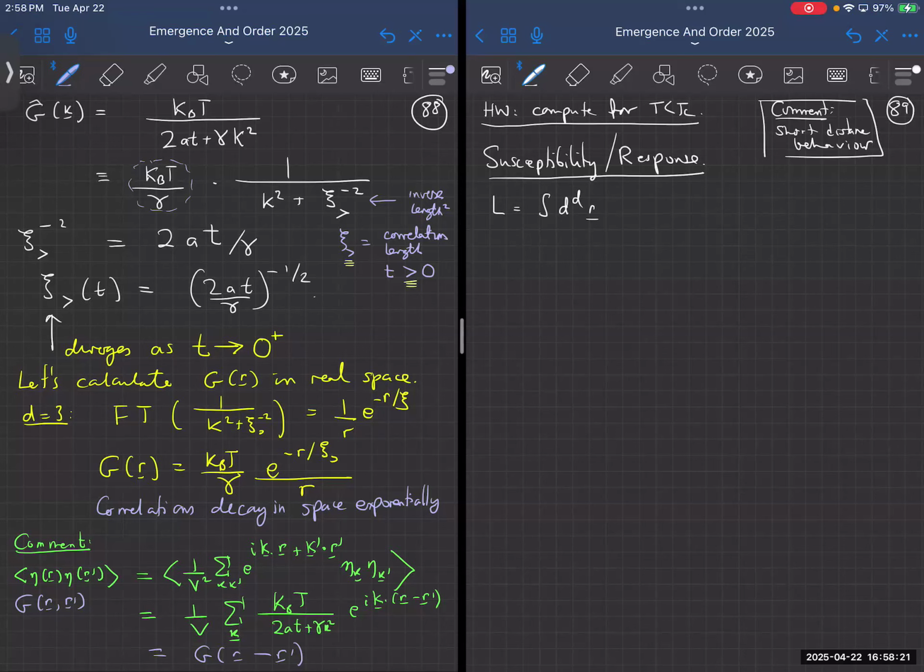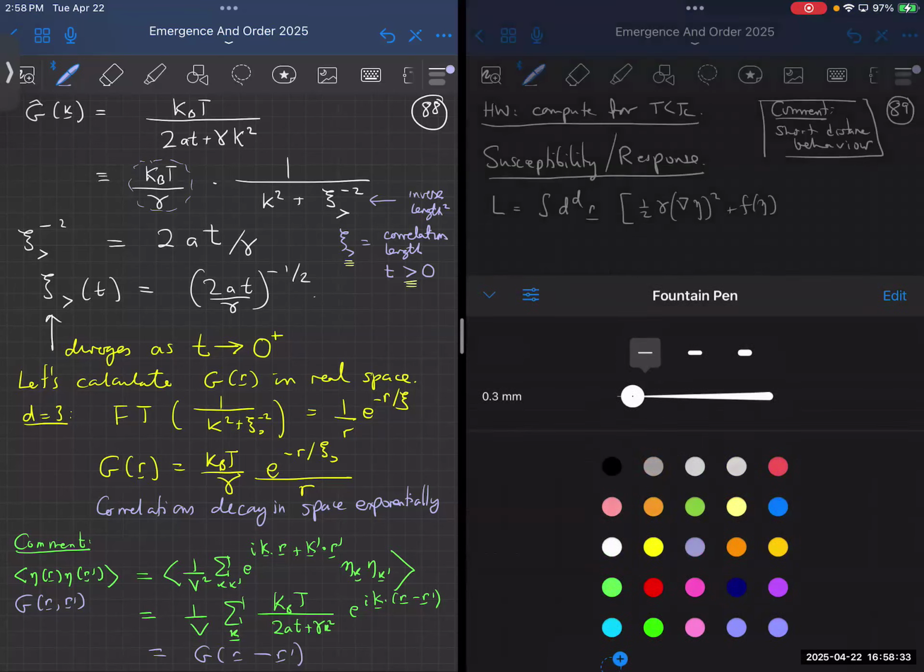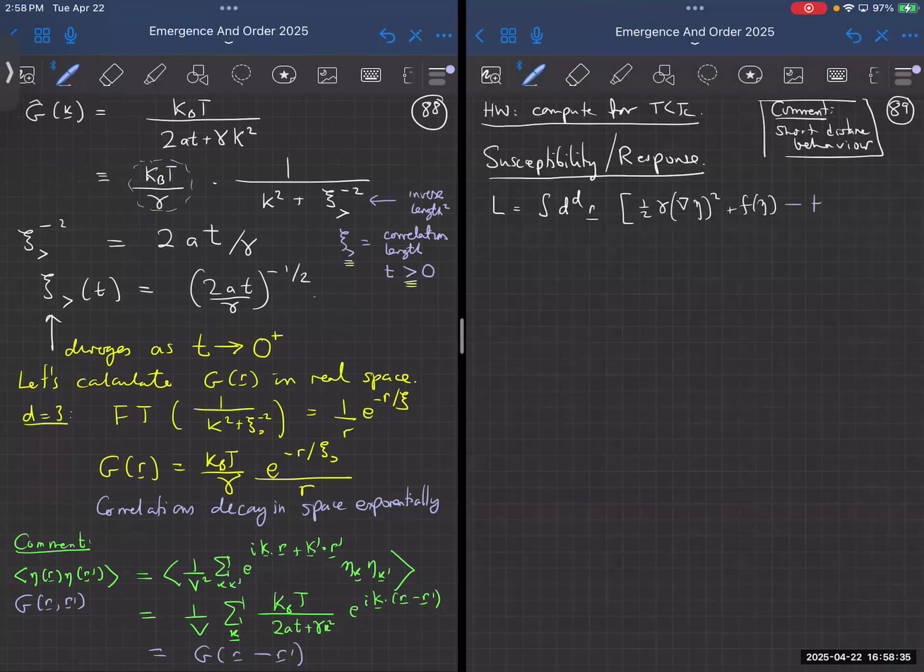All right. So what we've done so far is we've looked at this Landau free energy, but we haven't put in any external field. So now I want to ask what happens when we include an external field, and that external field could in general be space dependent, and so it would come in like this.